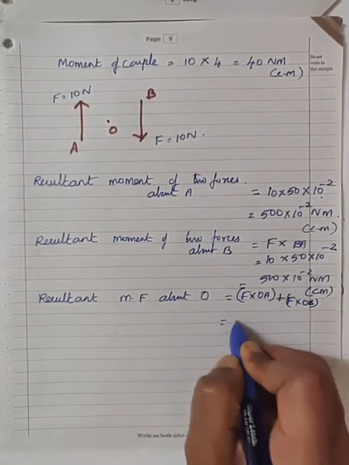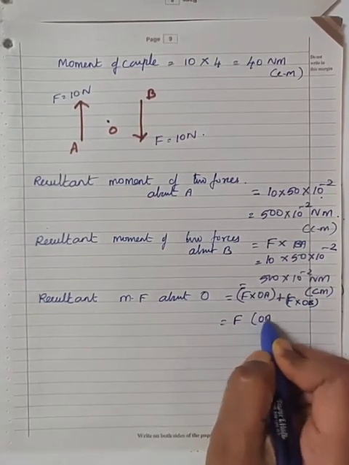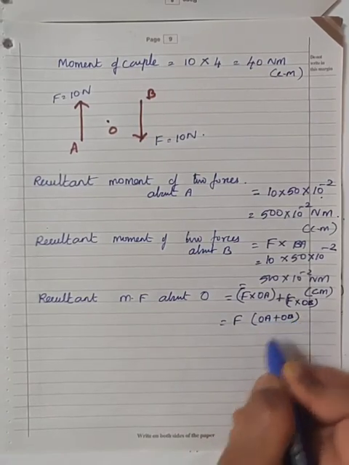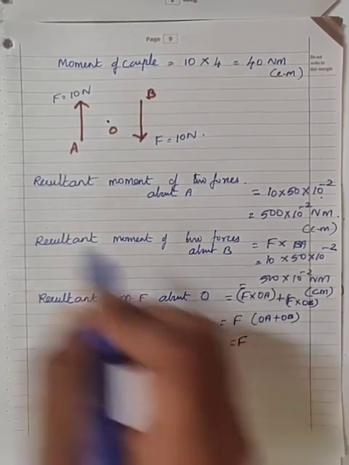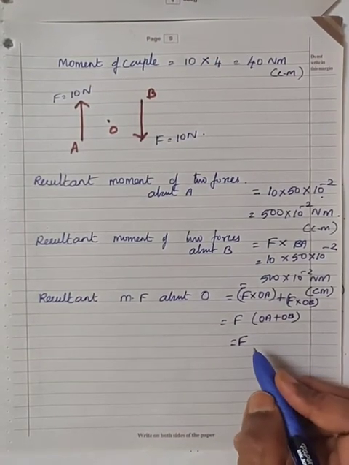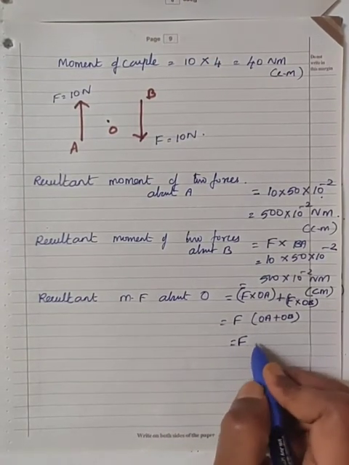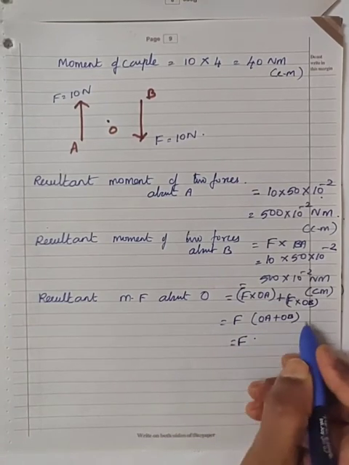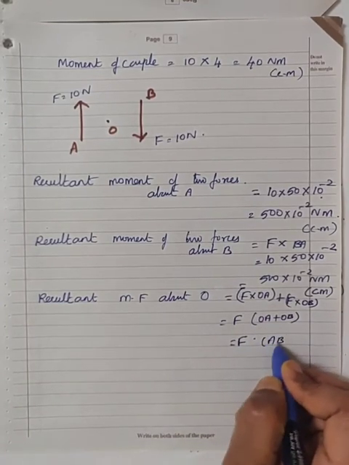If I take F outside, this becomes F into OA plus OB. OA plus OB is equal to the distance of separation between A and B, that is the perpendicular distance between the lines of action of the two forces, so OA plus OB is equal to AB.